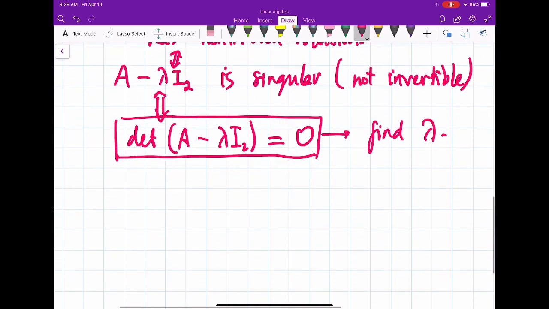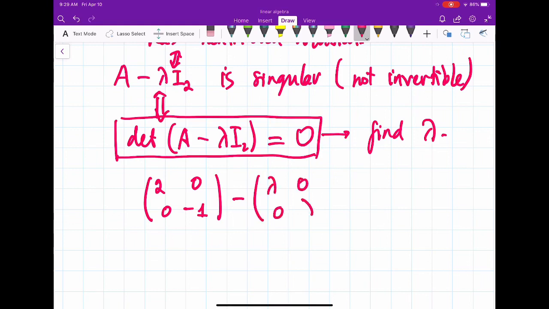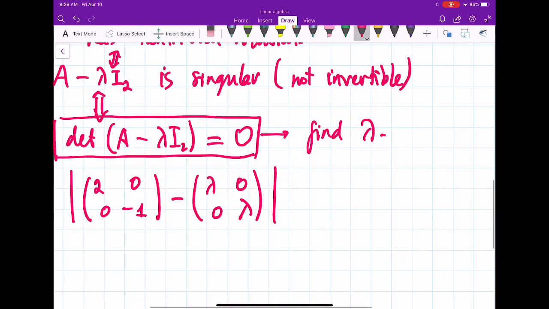So I have to find A minus lambda I, right? I have 2, 0, 0, negative 1 in here, minus lambda, 0, 0, lambda, right? And then I have to take the determinant of this. Inside, I have 2 minus lambda, 0, 0, negative 1 minus lambda.